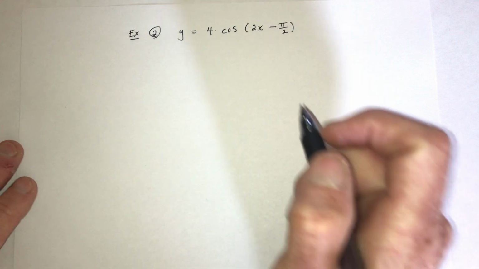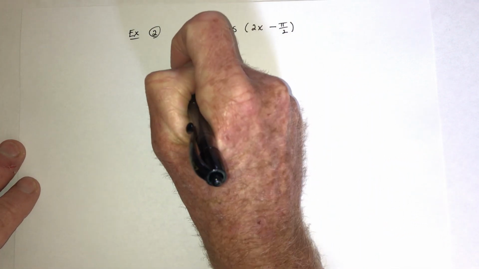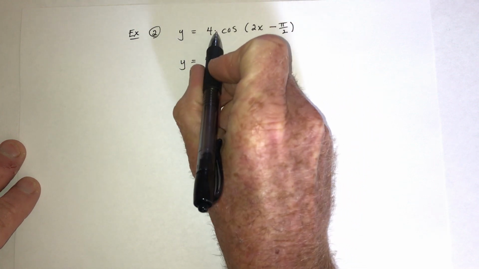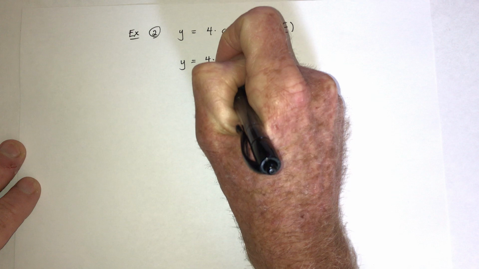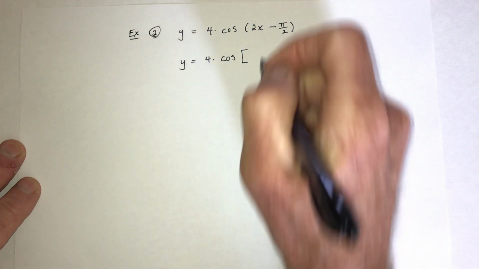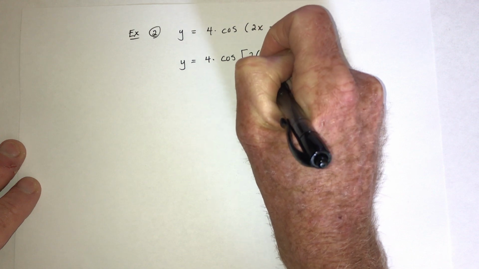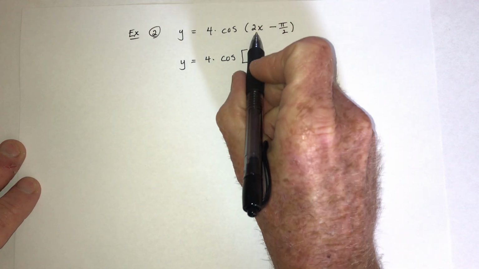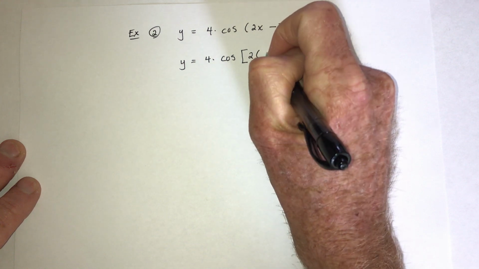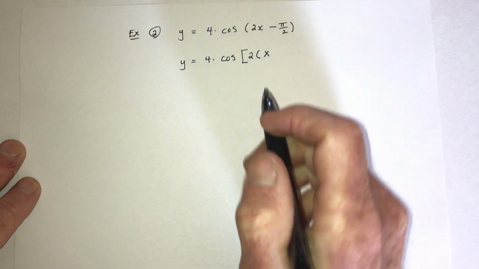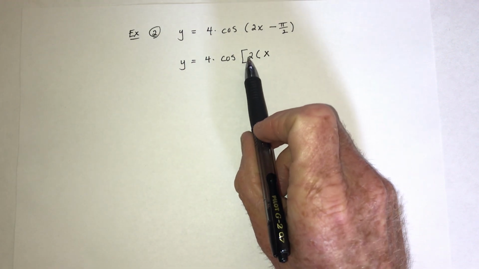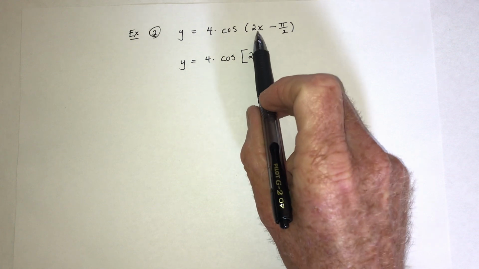So the first thing we need to do is factor. So we'll have y equals 4. Now you cannot factor the 2 outside of the cosine. It has to stay inside the cosine function. So I'm going to need brackets, and then factor out the 2, and then parenthesis. And when you factor 2 out of this, it leaves just x. Now there's 2 ways to do that, or at least 2 ways that I know of. You could think, well, what should I put right here so that when I distribute 2 times it, it gives me 2x.